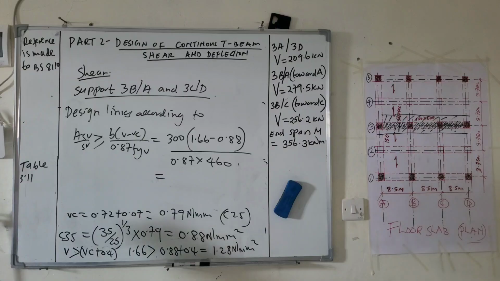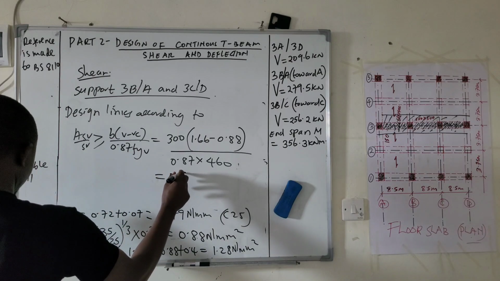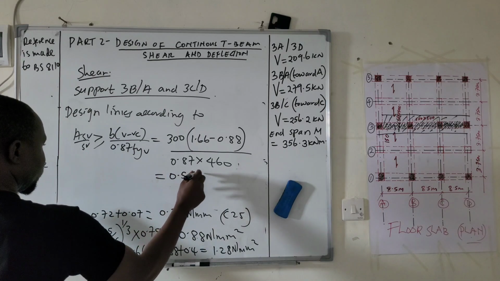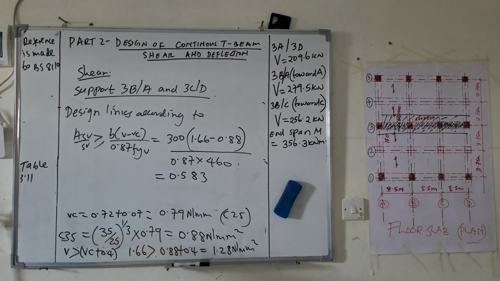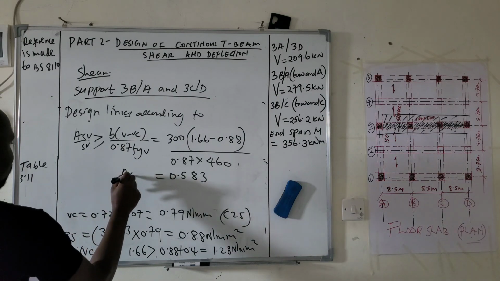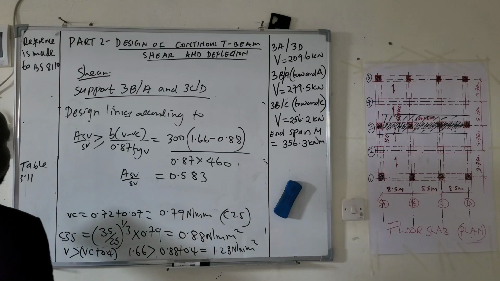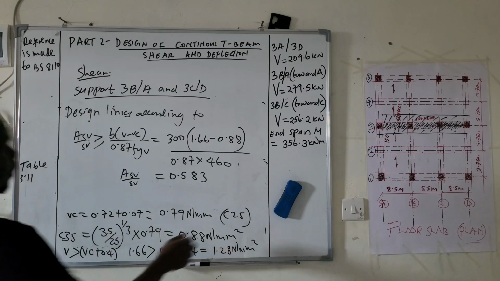So this one is equal to 0.583. So this is Asv over Sv.